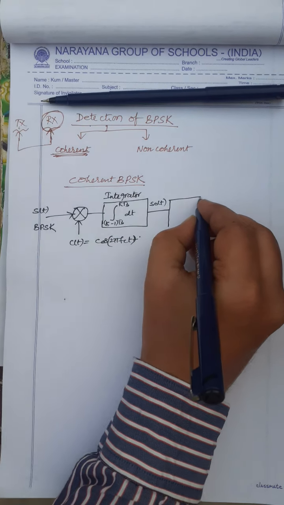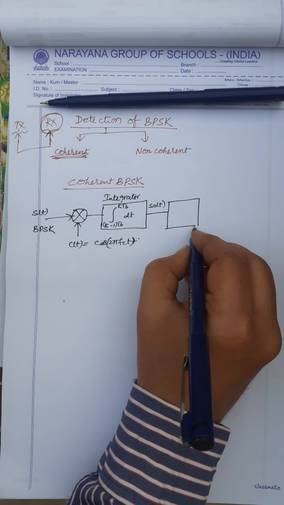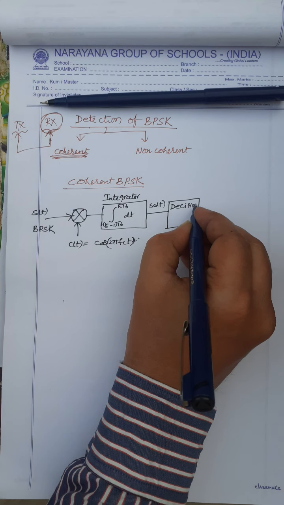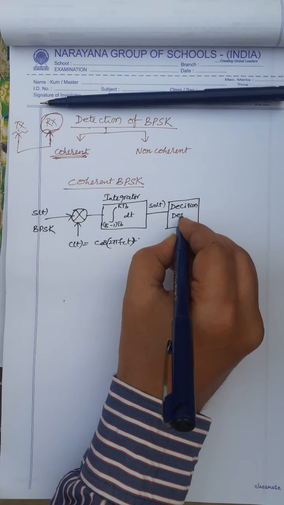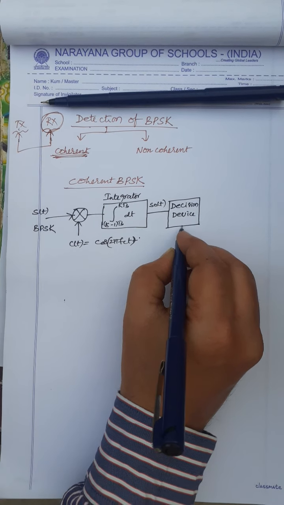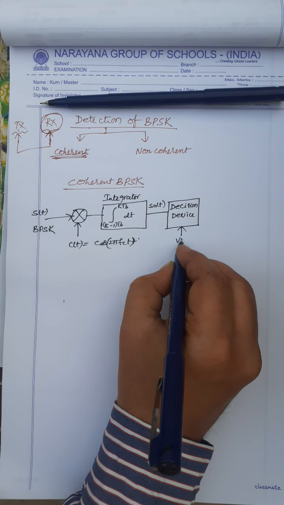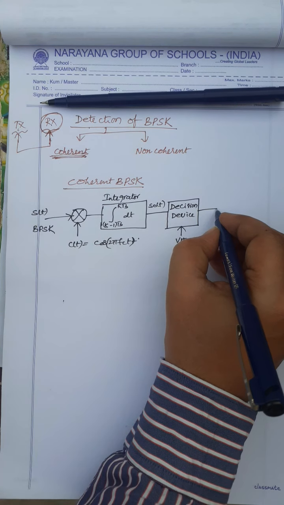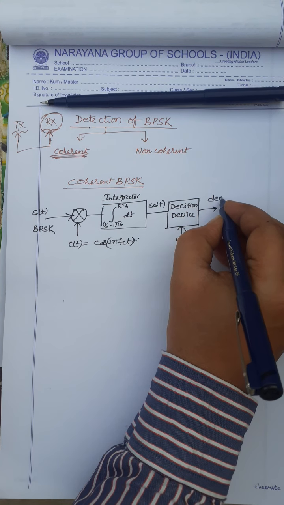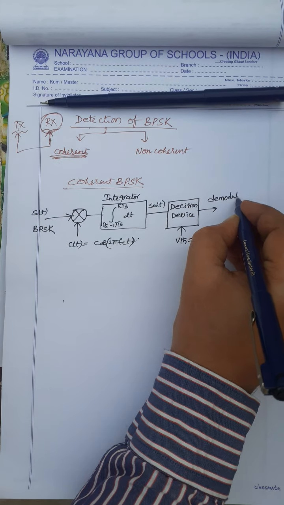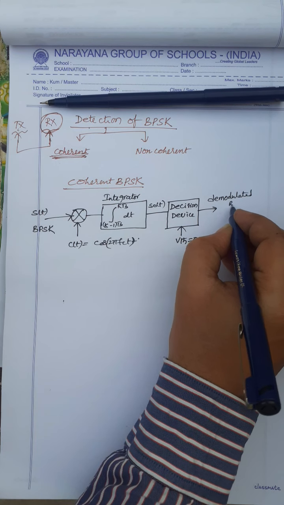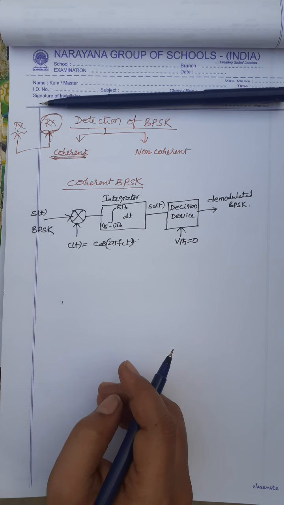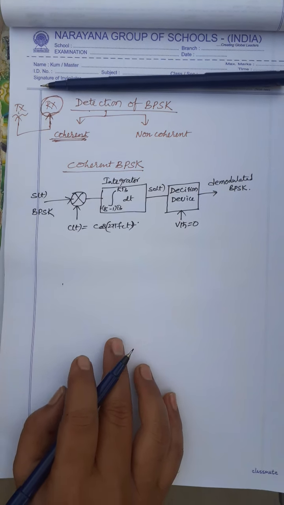And here I am using a device that is the decision device. This decision device consists of an internal voltage level, that is V threshold equal to 0. The output is the demodulated BPSK signal.